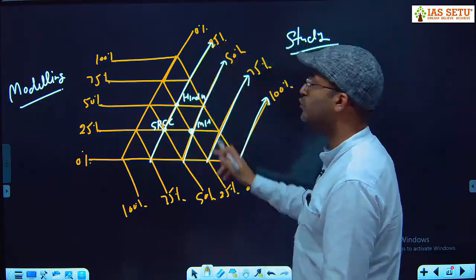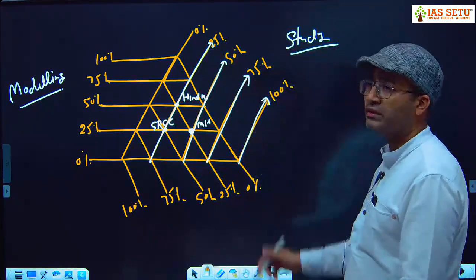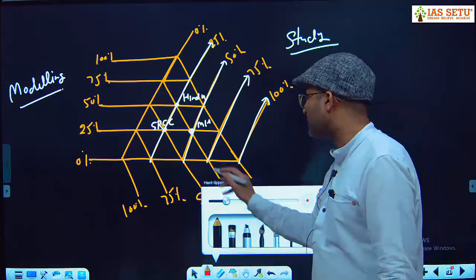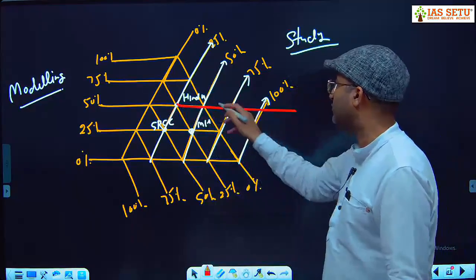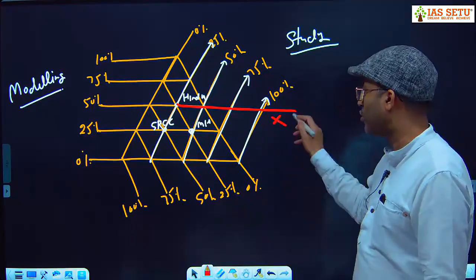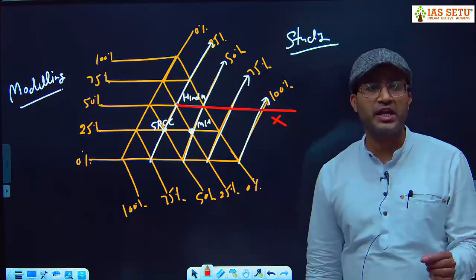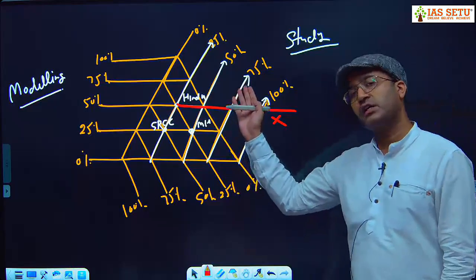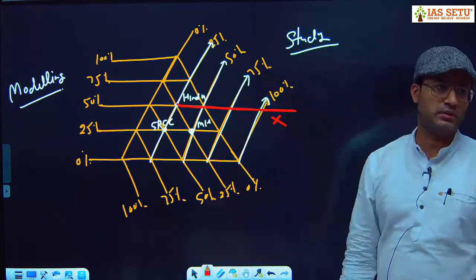What you have to see is the value in the direction of your scale. Some students say 50%, 75, 100, more than 100. This is the wrong value. How can you check in Hindu what percentage is interested in study? You have to see along your scale, along your extended line.